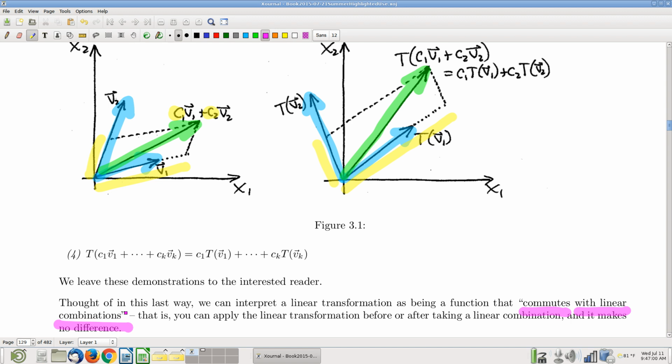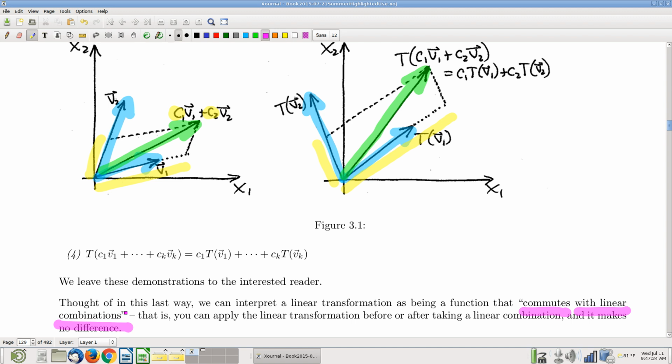Technically, when you talk about commuting, you're talking about the commuting of an operation. An operation acts on two things, and it's the things that change position. So here, these aren't exactly things that are changing position. This is a couple of actions, you might say. So the act of taking a linear combination versus the act of plugging into this T function.